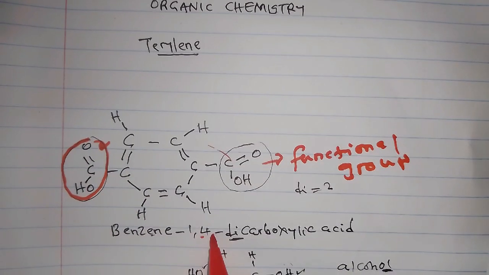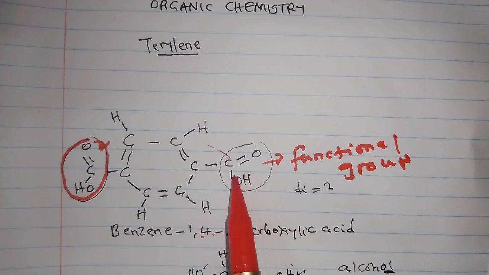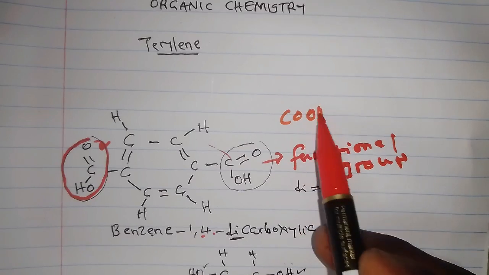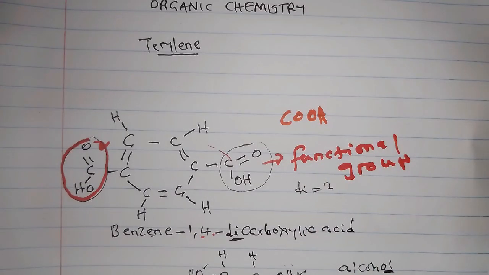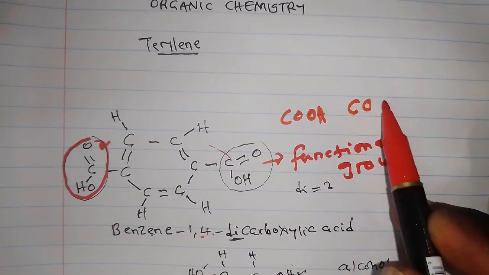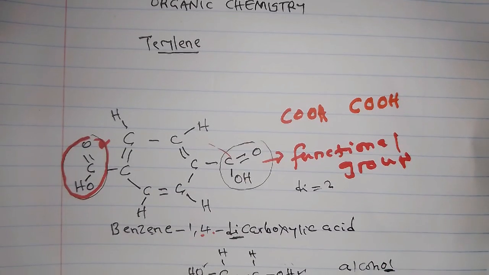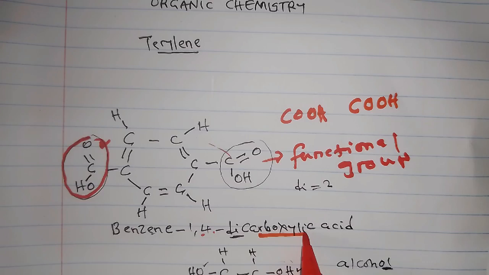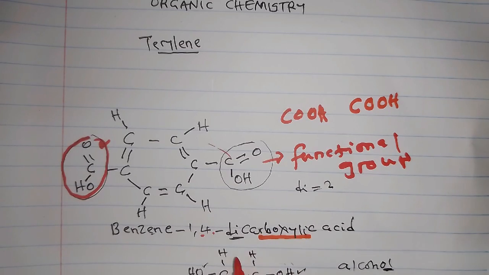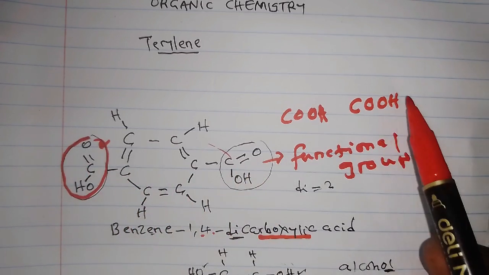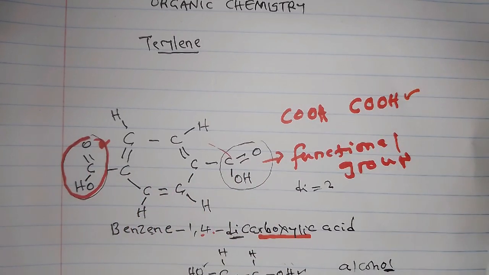So the 1,4 is based on the location of these two functional groups, the COOH. Once you understand that COOH means that we are looking at an organic acid, which is called carboxylic acid, then the di is based on the fact that we have two of these COOH.